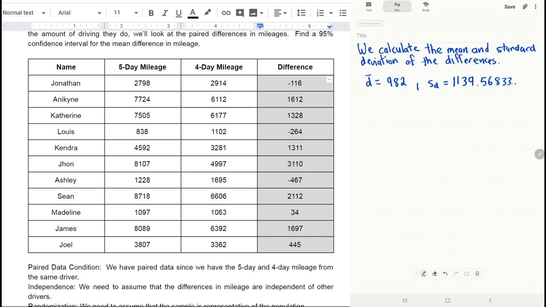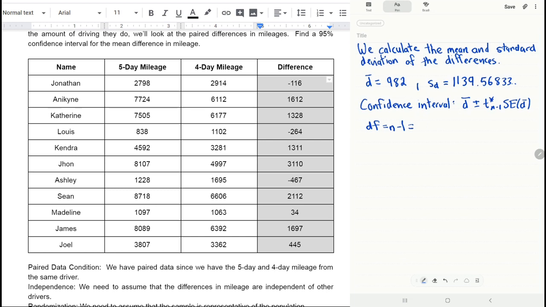Okay, so now we can calculate our confidence interval. We will have the mean of the differences, d bar, plus or minus a critical value times the standard error. To find our critical value, we need the degrees of freedom, which is n minus 1, where n is the number of pairs.